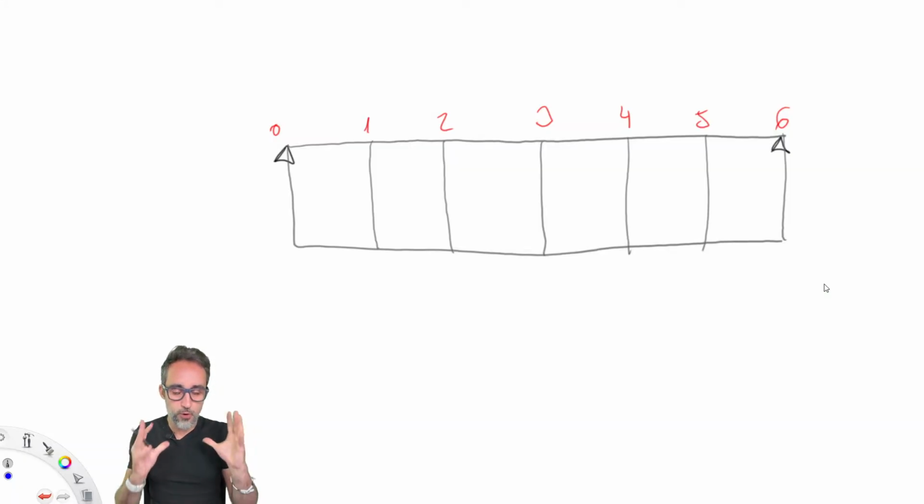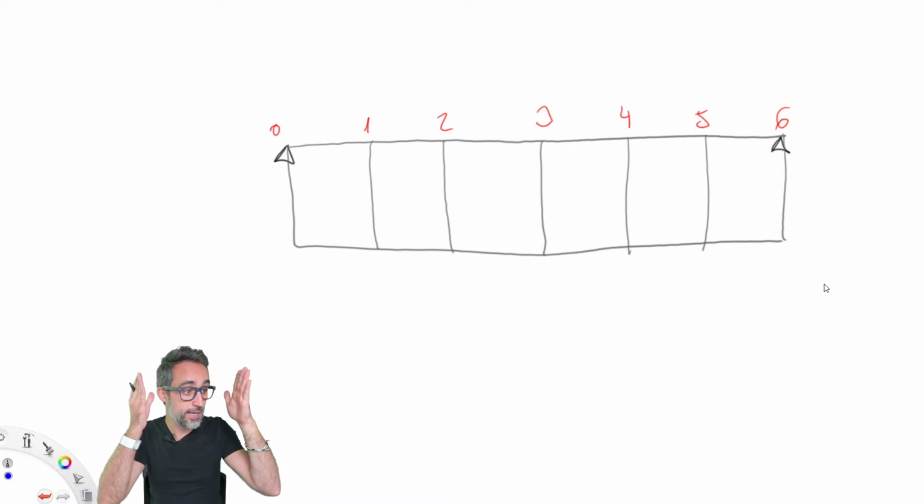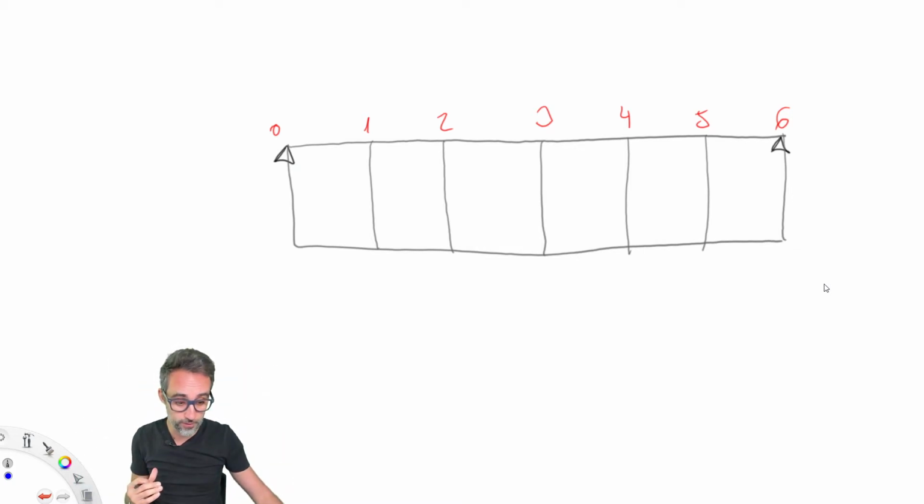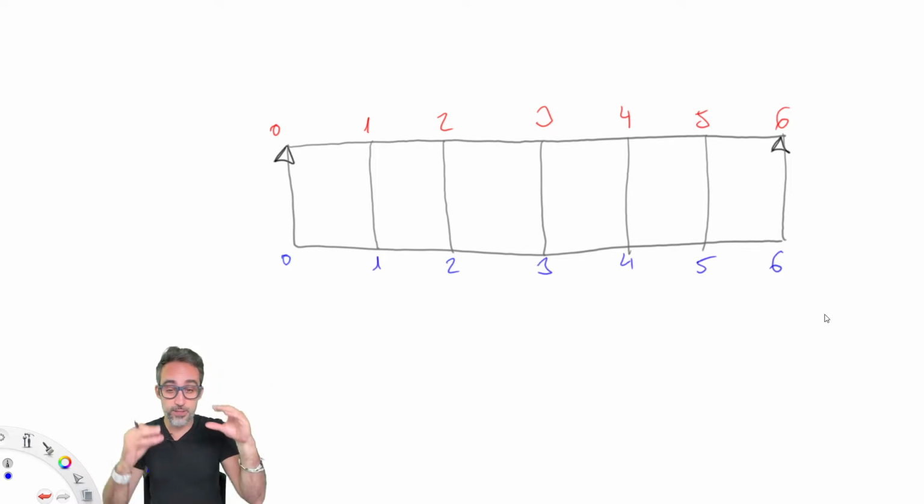Okay, before we actually start describing how we're going to do the chords, let's take a closer look at what we have done for the vertical bars. And remember, what we did was we had a collection of points that were the nodes on top of the truss, and then we had a second list of points which were the points on the bottom.